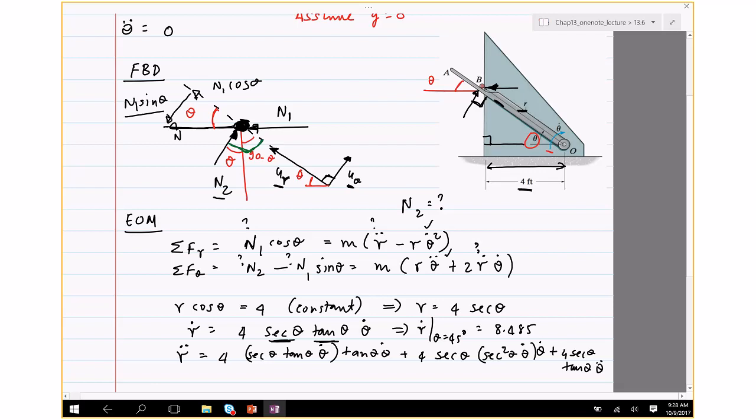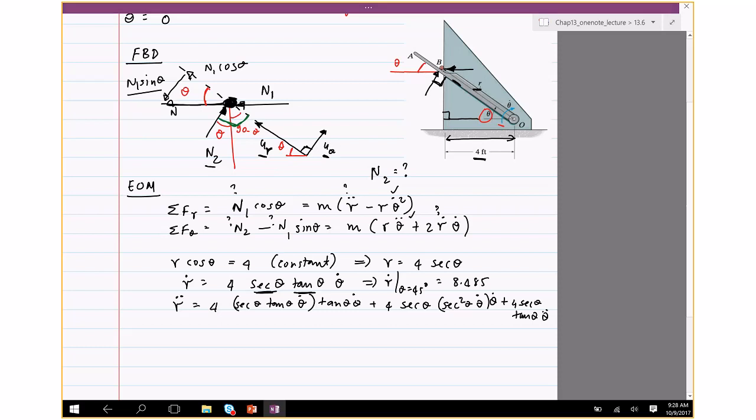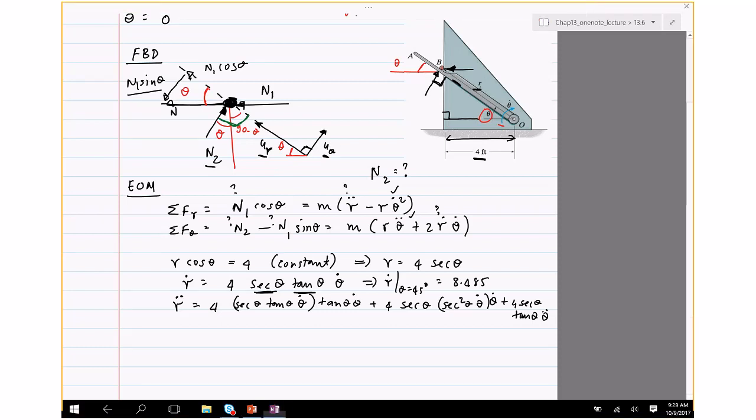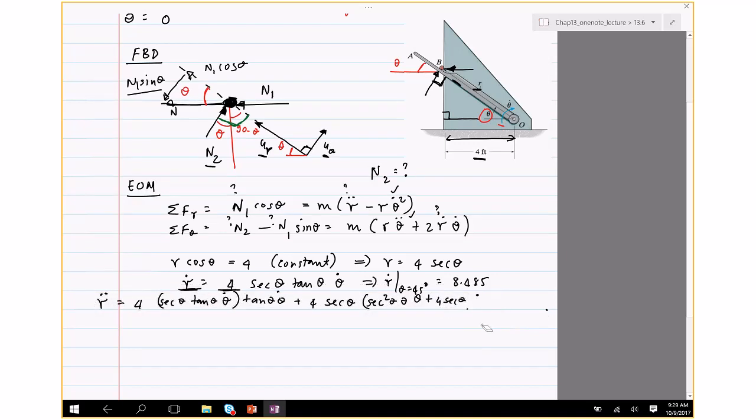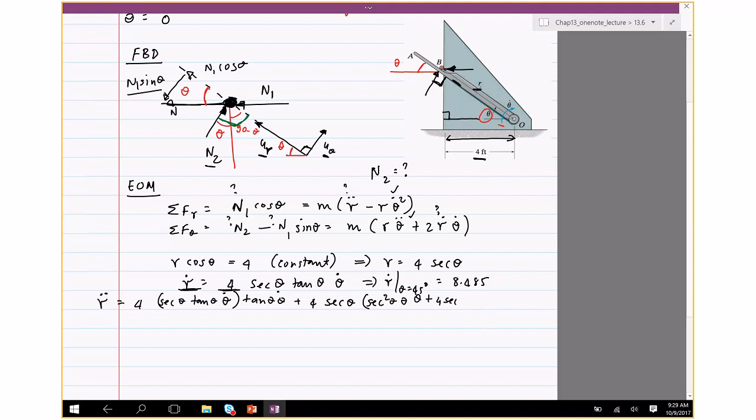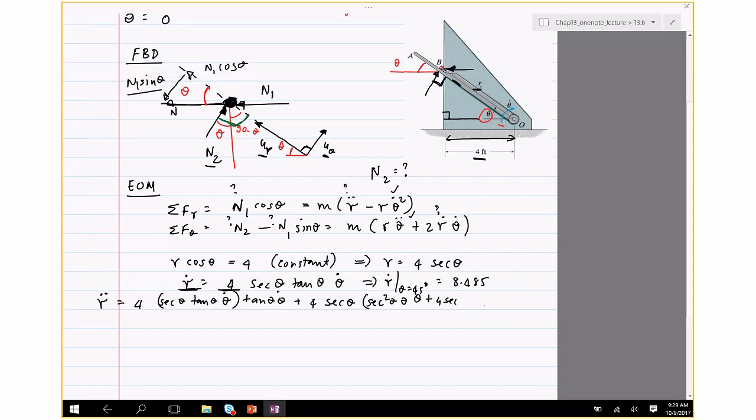I'm going to rewrite this slightly to move things around. So 4 secant theta tan theta, those two terms remain constant, and then I need to take the derivative of theta dot, which is theta double dot.